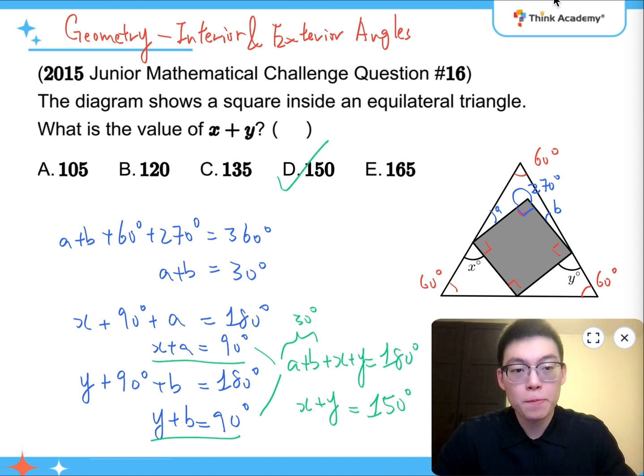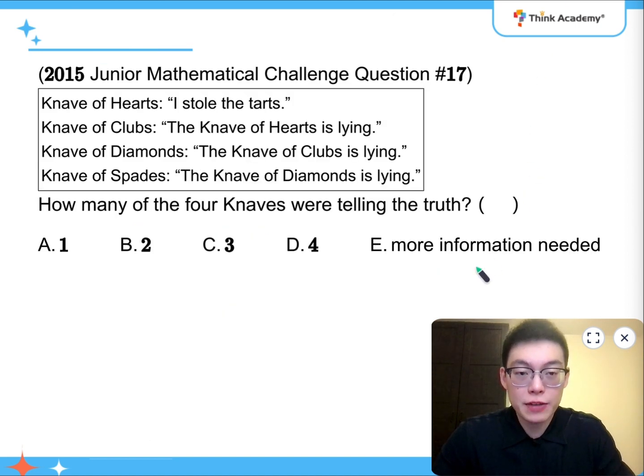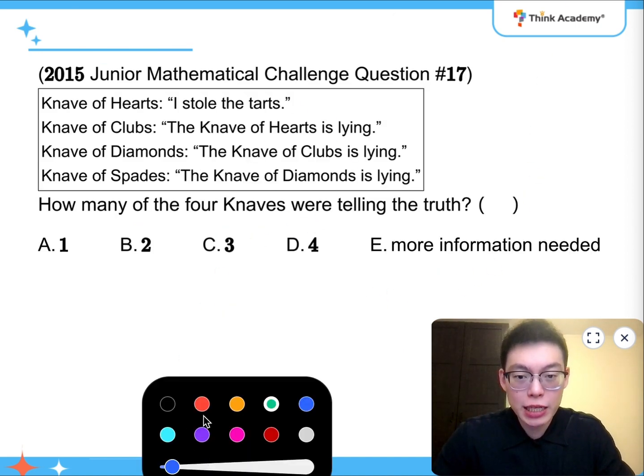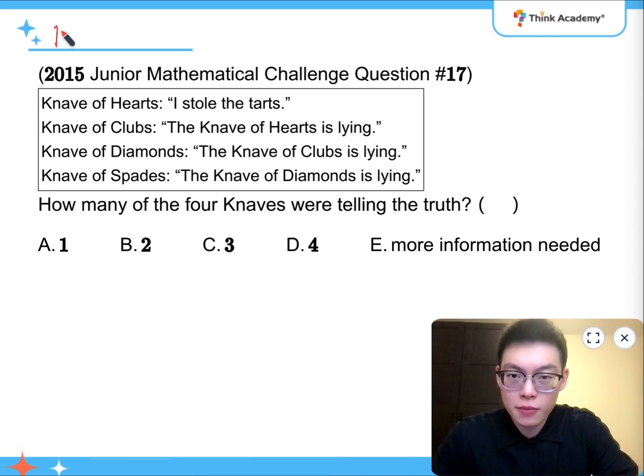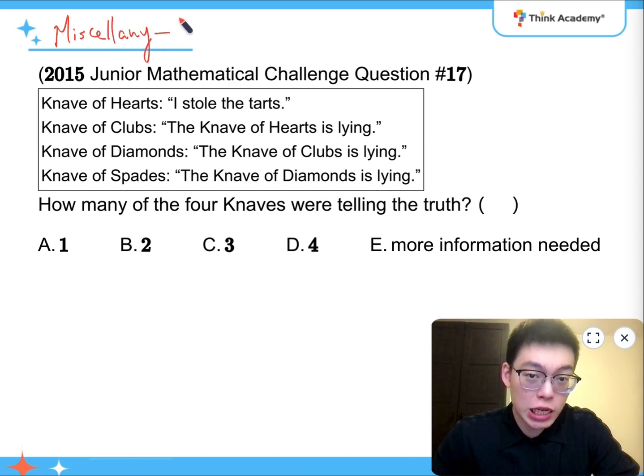Okay. And then for question number 17, this is pretty much an interesting question. I would say that it belongs to the miscellany module, and it's going to be the logical deduction questions, and to be specific, it's about truths and lies.